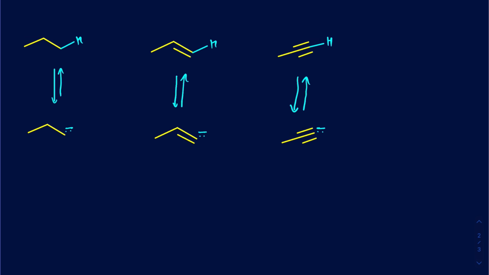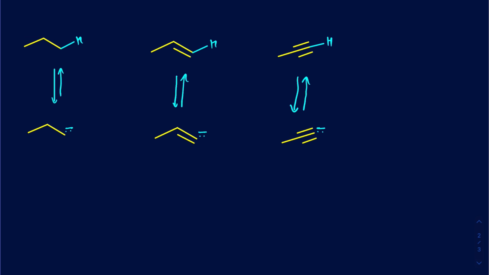So resonance effect is out of question. Then you look at the inductive effect. Well, in either case, you got two carbons attached to that carbon that has a negative charge. So the number of carbons or the chain is actually the same. There are no electron withdrawing groups attached to it, so it can't use the inductive effect here as well.